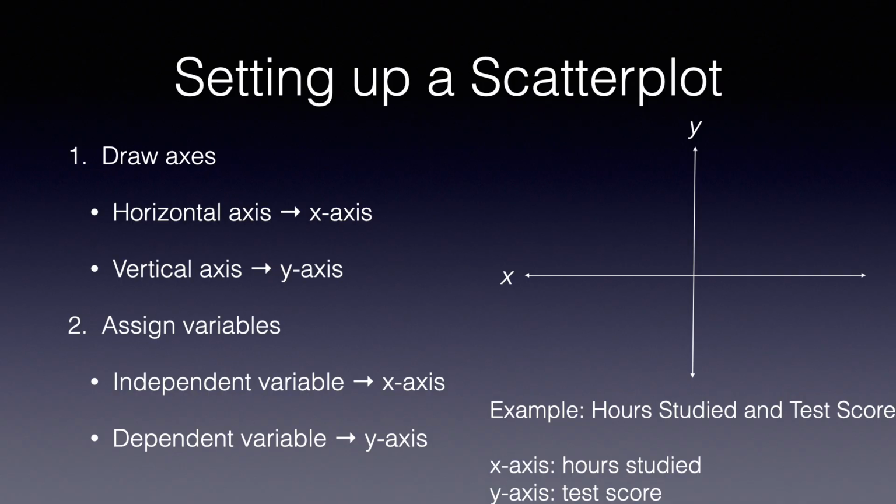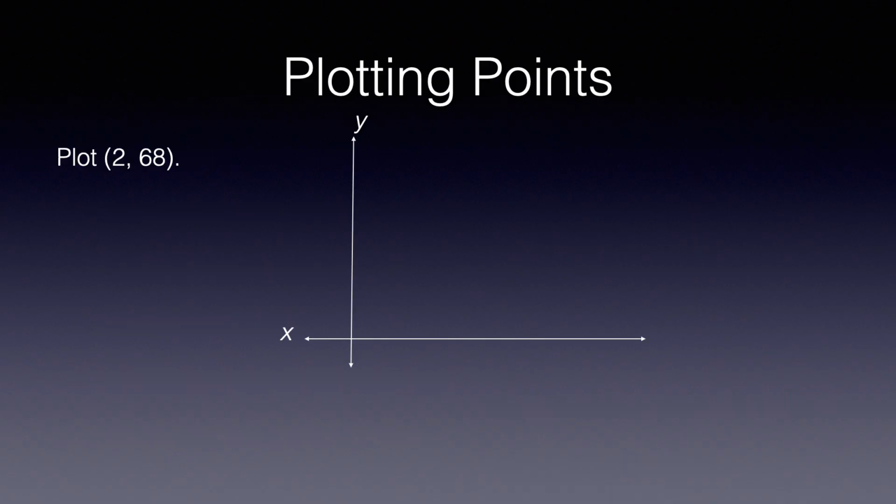Let's talk very quickly about how to plot points. Let's say I wanted to plot the point (2, 68). Each pair of values is written as an ordered pair. It's called an ordered pair because it is in order of x and then y. So (2, 68) has an x value of 2 and a y value of 68.